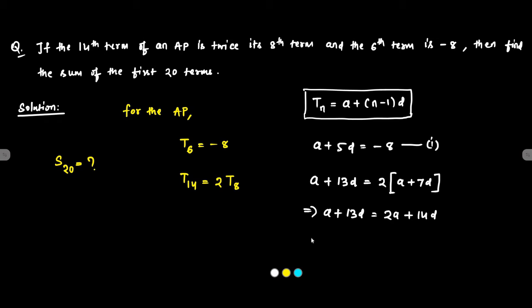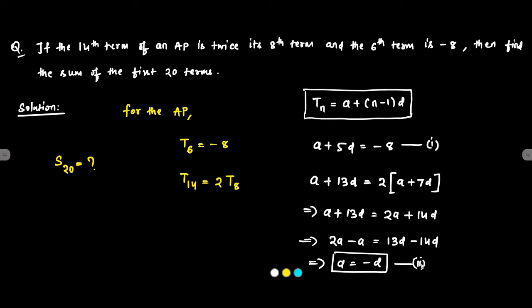That implies 2A minus A is equal to 13D minus 14D, or that implies A is equal to minus D. This is another important relationship. Okay, second one.